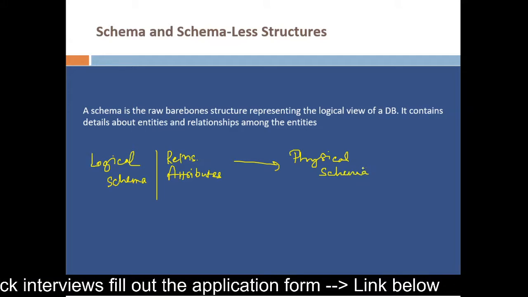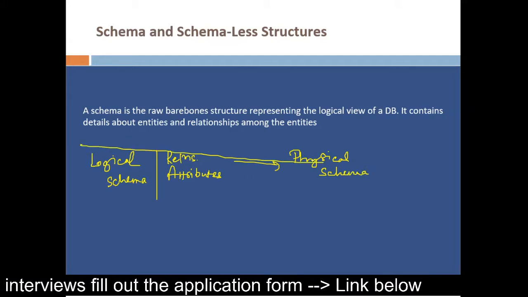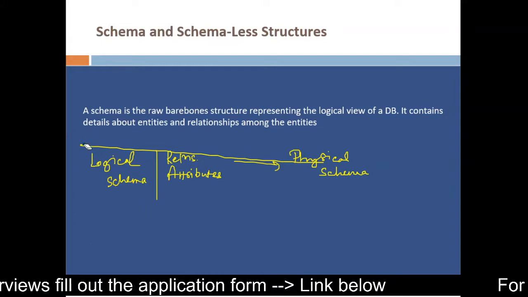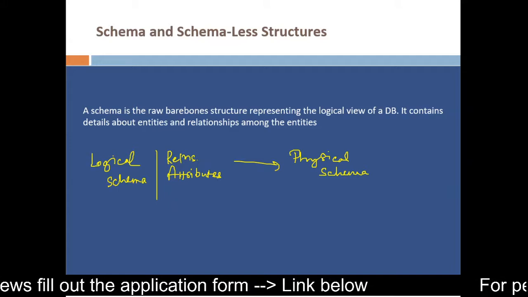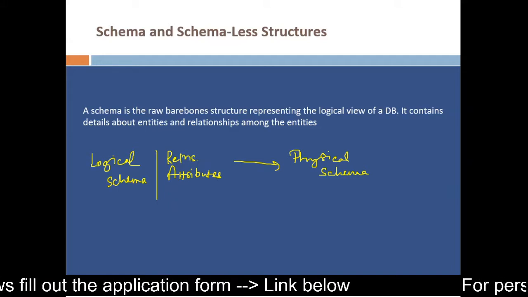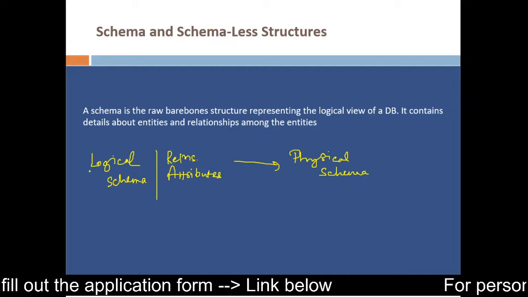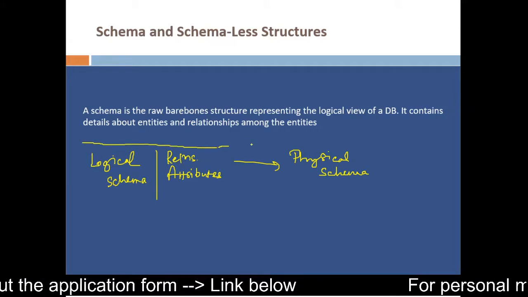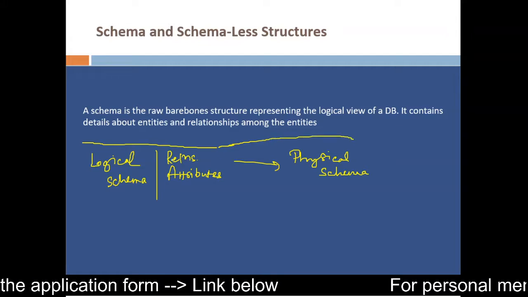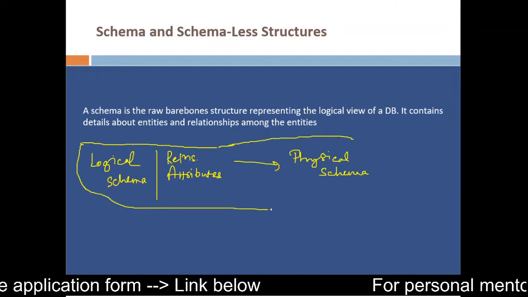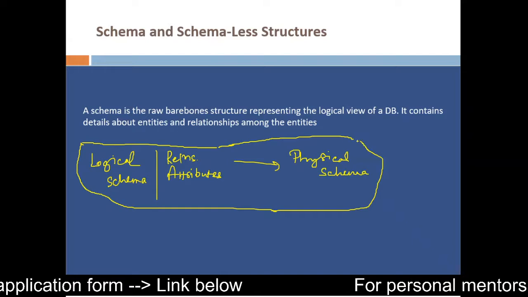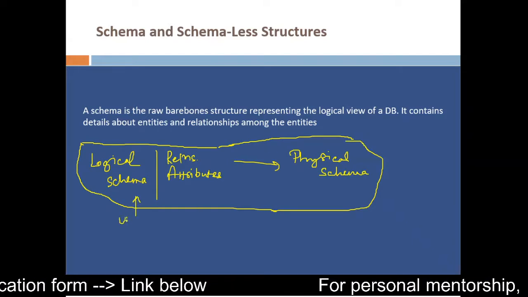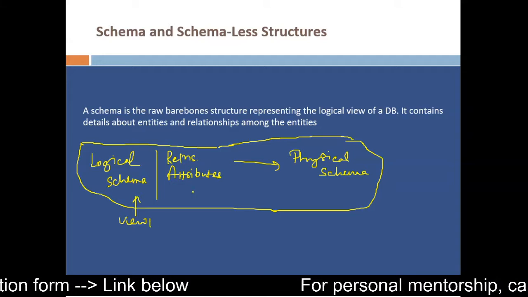Excuse me for the bad way I drew this line. Okay, so here we go. Imagine that this particular type of box gives us three different views. This is the logical schema view.